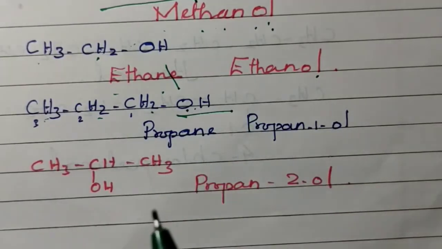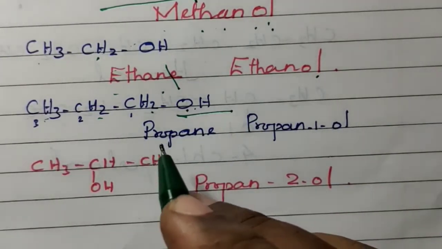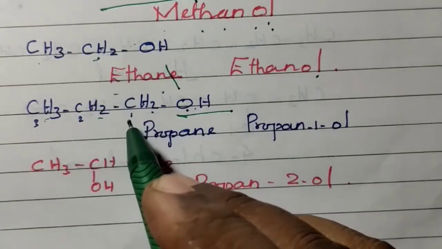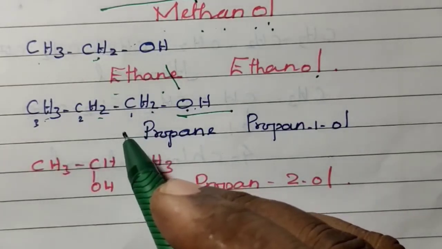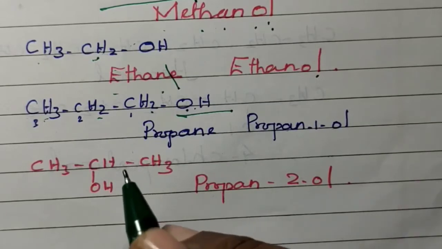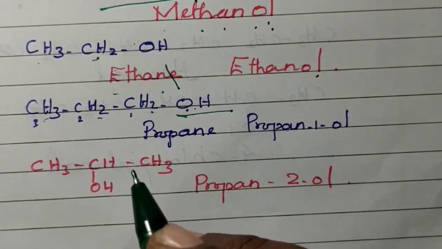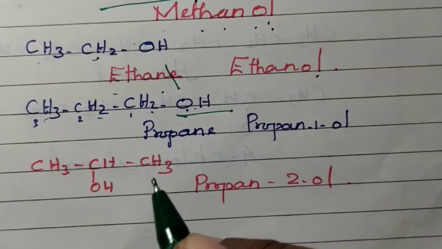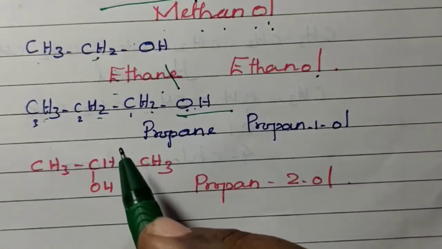But when the number of carbon atoms exceeds two, that means three and above, we have to give numbers to the carbon chain. Up to two carbon atoms, there is no need for numbering. When the number of carbon atoms exceeds 2, we have to give numbers.